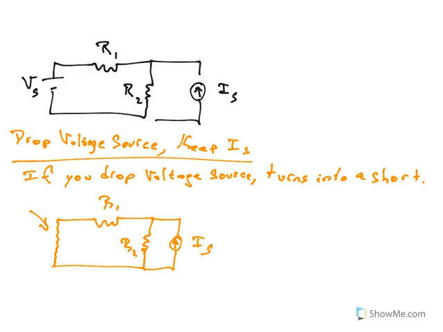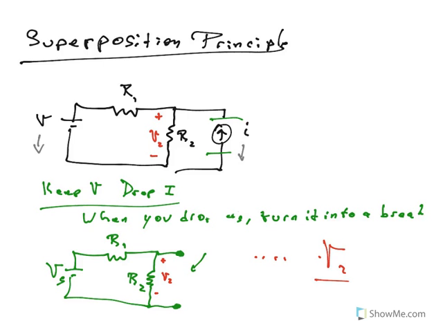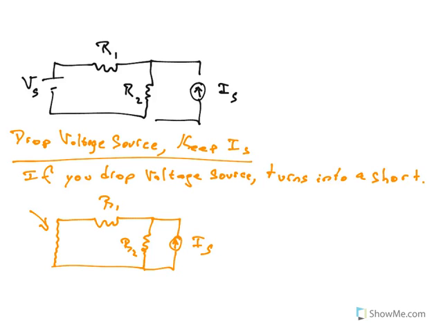I now just short out the circuit, and what that means is make it a wire. So the difference: if we're dropping a current source, it becomes a break. That just means you cut the wire where the current source was. If you're dropping a voltage source, you make it a short, which just means turn the voltage source into a wire. You don't make a break.